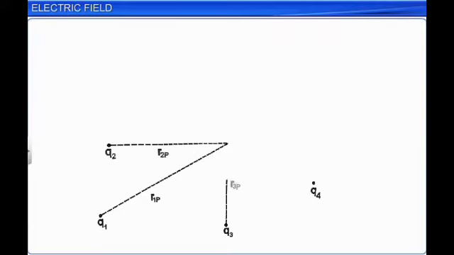Consider a region consisting of point charges Q1, Q2, Q3, Q4, and so on in air or a vacuum with position vectors R1, R2, R3, and so on relative to the origin O. Let P be a point in this region.